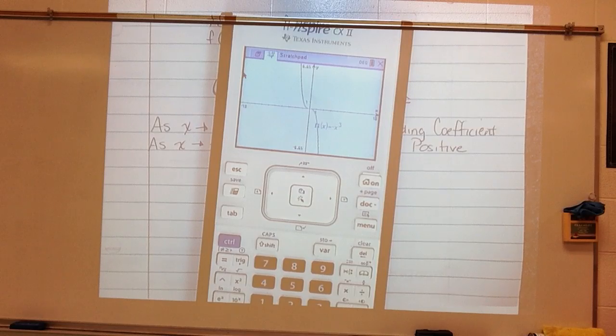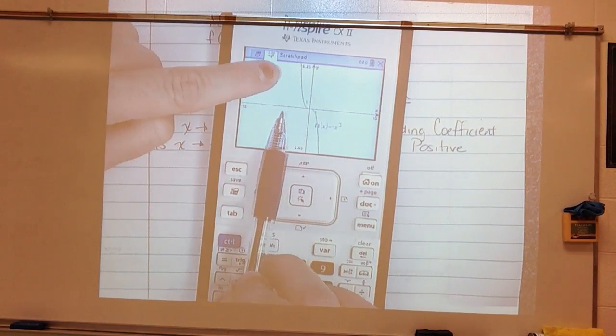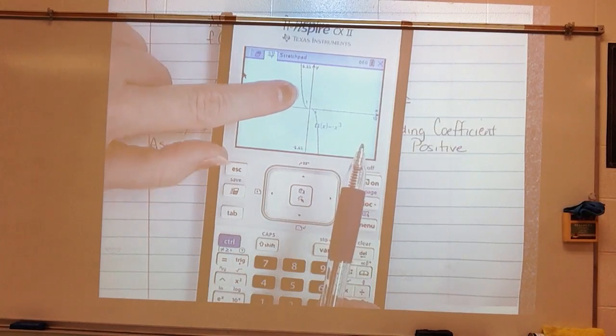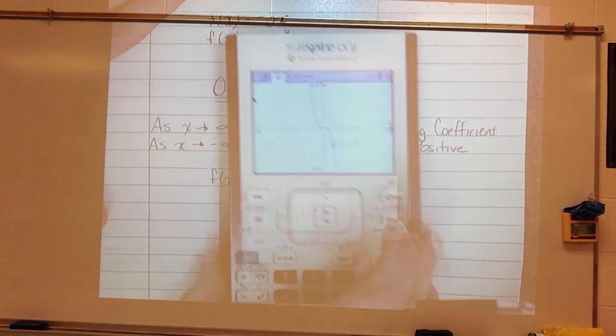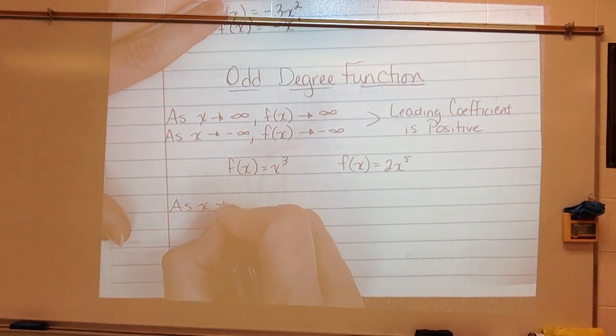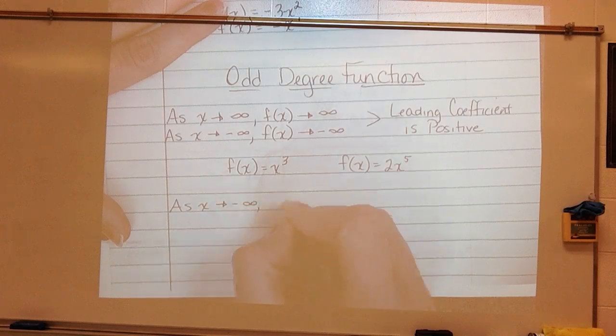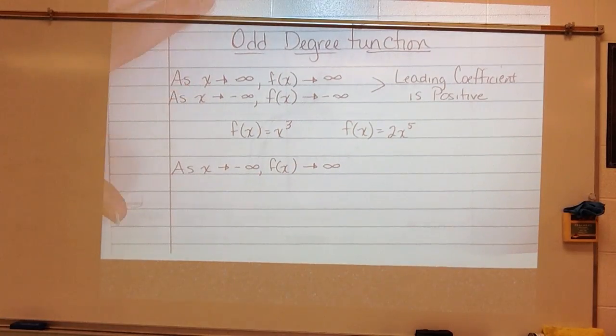As x approaches negative numbers, what's happening to my function? It's actually going to the positive. So as x approaches negative infinity, my function approaches positive infinity.